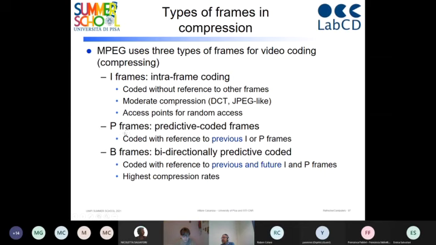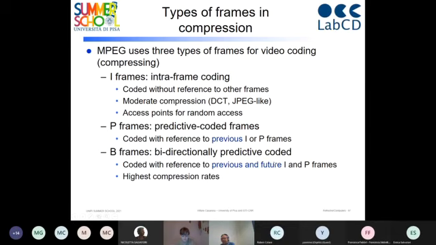Then you have a second category of frames, called predictive coded, that you compress taking into consideration the frames that you have seen before, therefore the previous frame. And then finally, the most frequent ones, you also encode the B frames, which you can code taking advantage of your knowledge of the previous ones and the next ones.